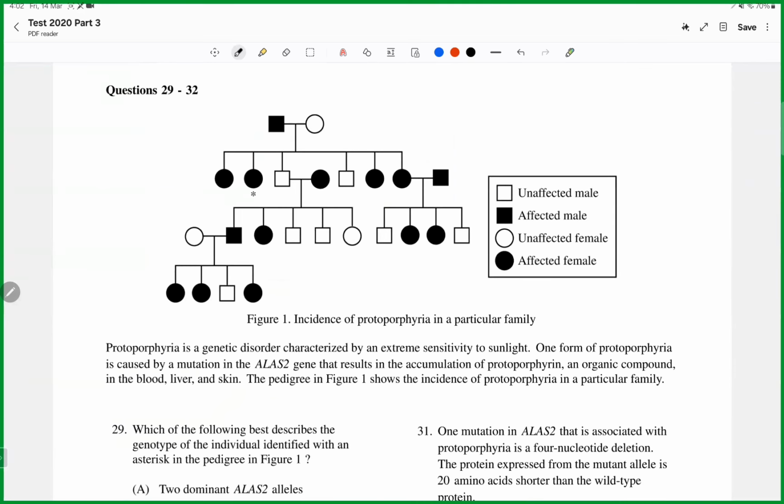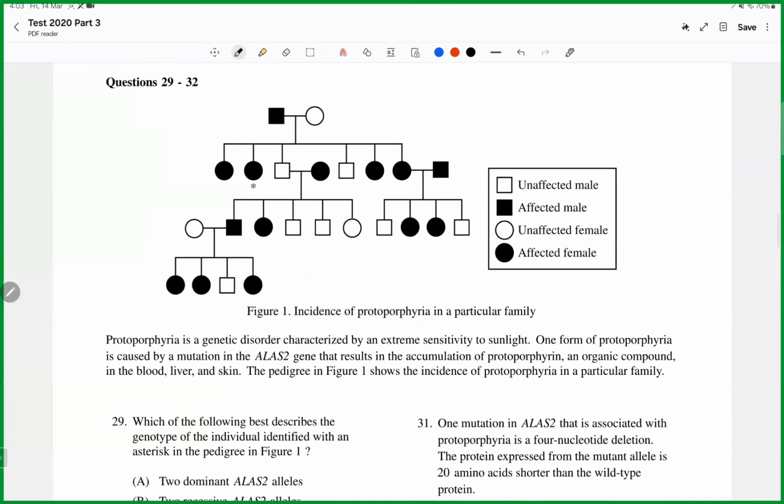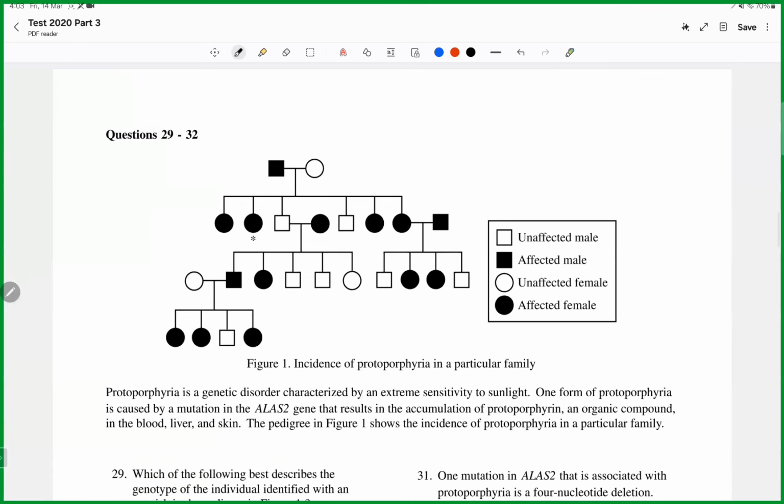This is a very weird pedigree. Yeah, this is weird. Okay. So first of all, is it dominant or recessive? No, they will never do half.